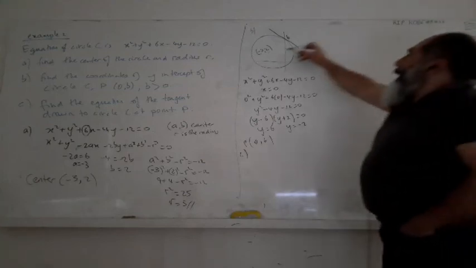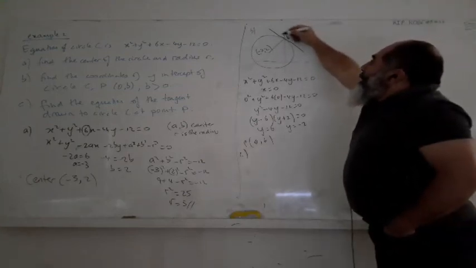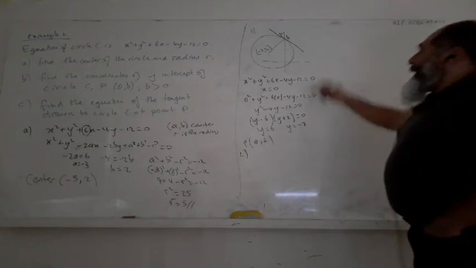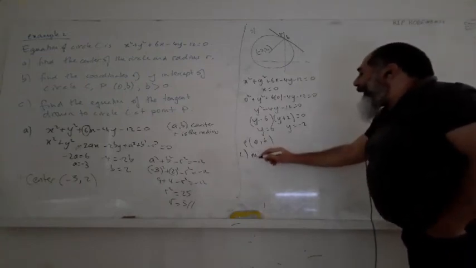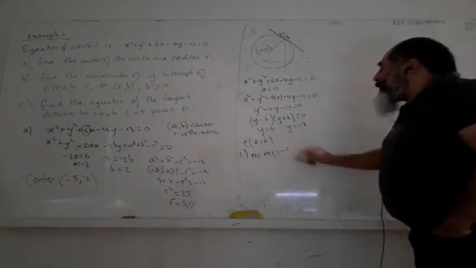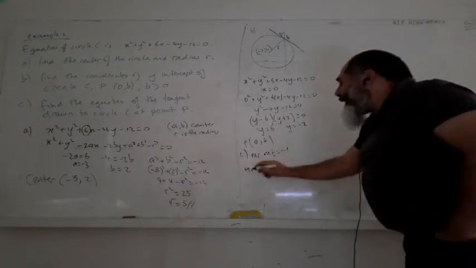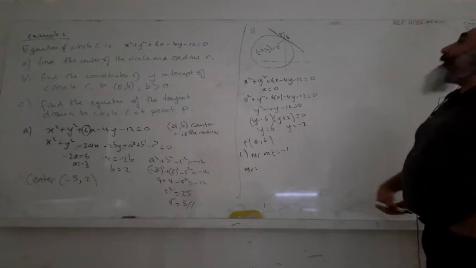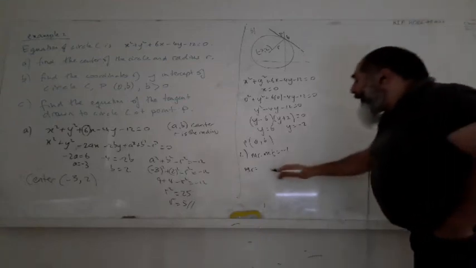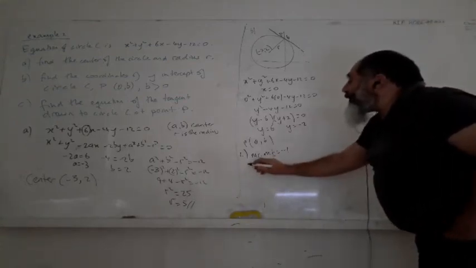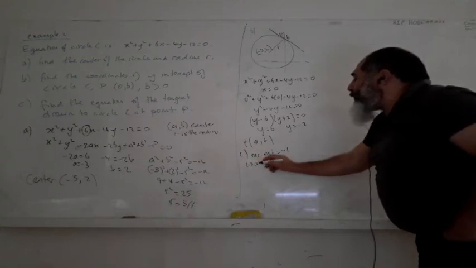This is point P, and here we know that m radius times m tangent is equal to minus 1. Let's find the gradient of the radius, which passes through the points from the center (minus 3, 2) and (0, 6).